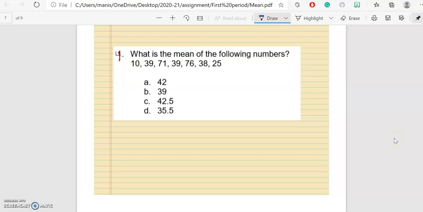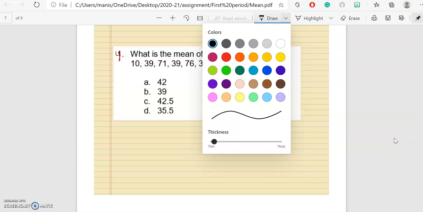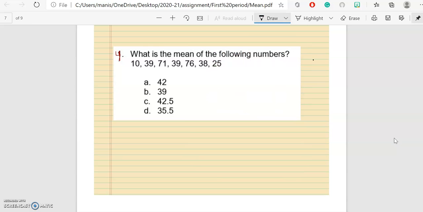Now our next question says, what is the mean of the following numbers? 10, 39, 71, 39, 76, 38, 25. And we have been given these choices A, B, C, D. Which one is the correct choice? So we'll write the formula. Mean is equal to add all the numbers and divide by how many they are.